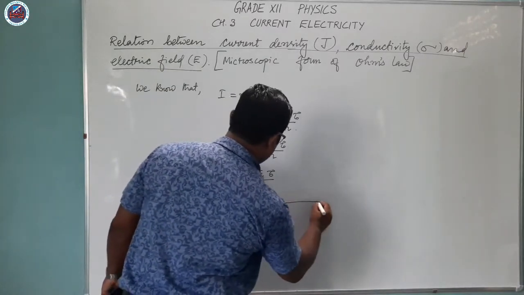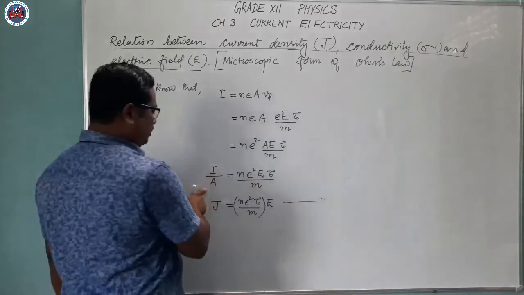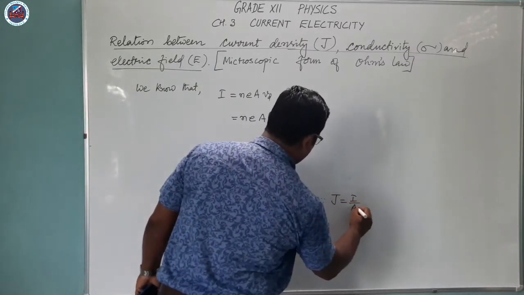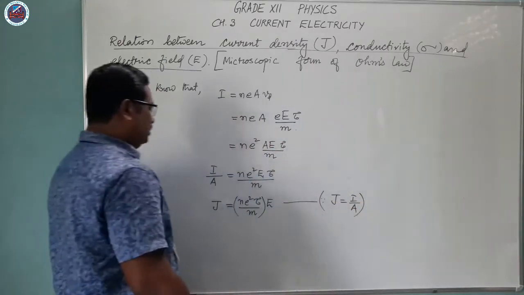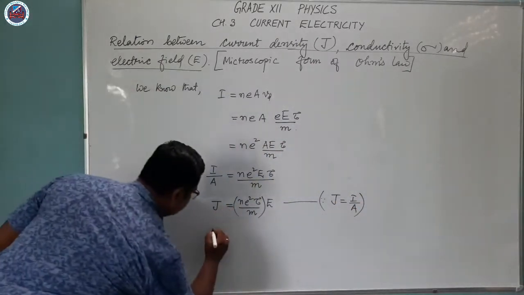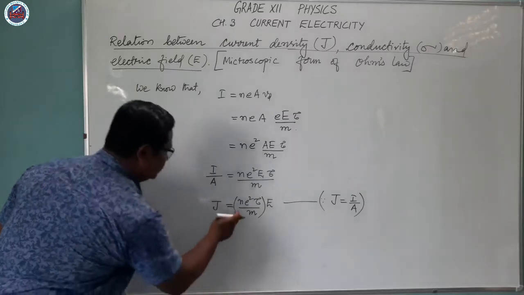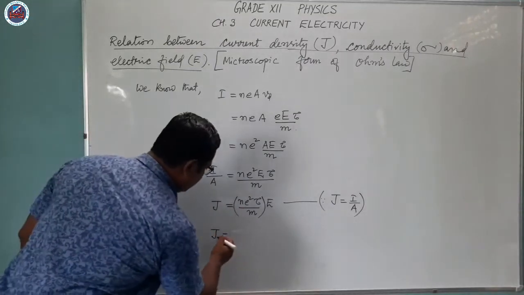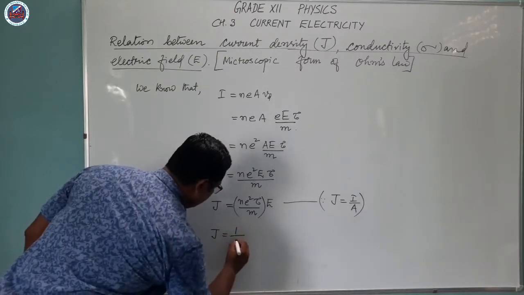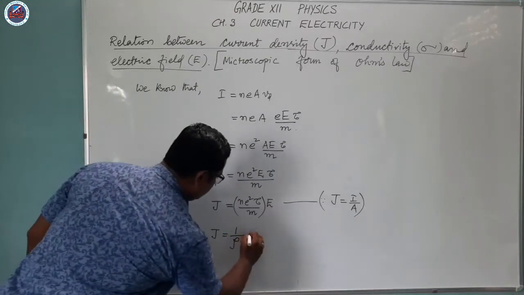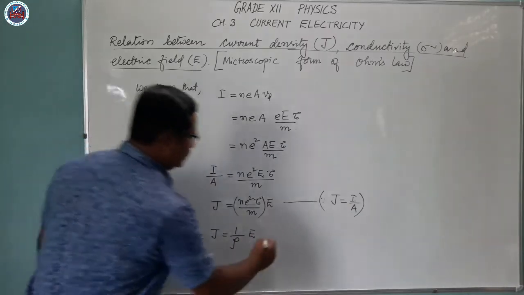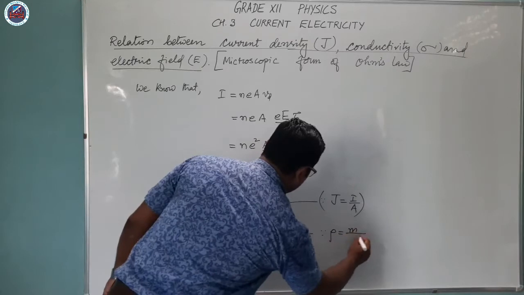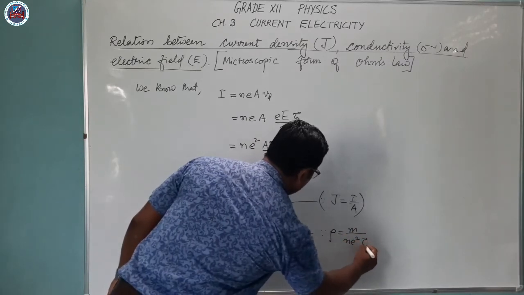Since I by A is J, then J is equal to the reciprocal of resistivity, 1 by rho, into E, since rho is equal to m divided by n e square tau.